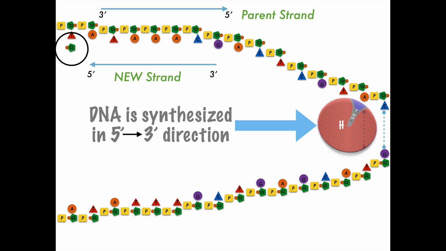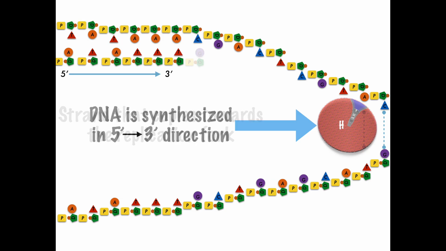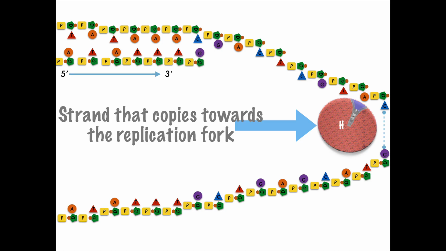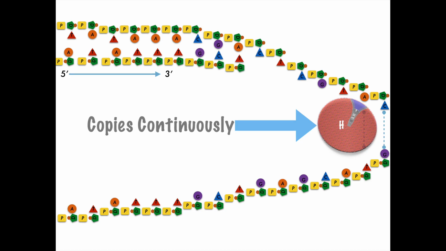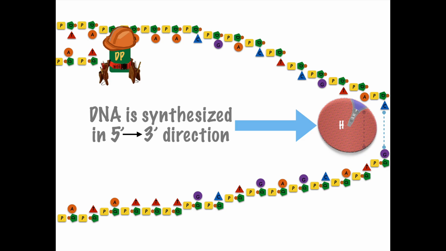So that means when I start laying down these new nucleic bases, the new strand will be copied in the 5' to 3' direction from the perspective of the new strand. As I lay one after another nucleic base, it is being laid down from the 5' to the 3', and it's going to copy towards the replication fork. So DNA polymerase, this third enzyme, is the one that actually lays down the nucleic bases.